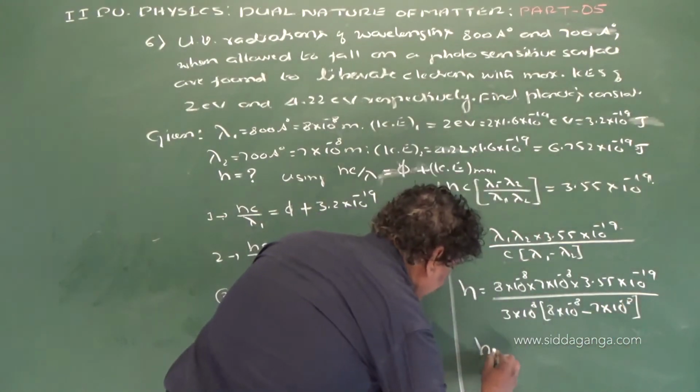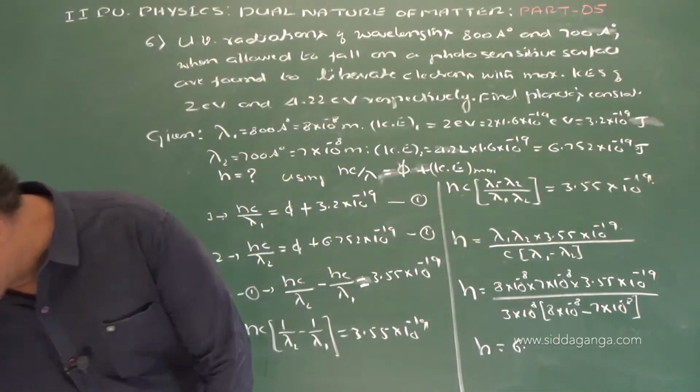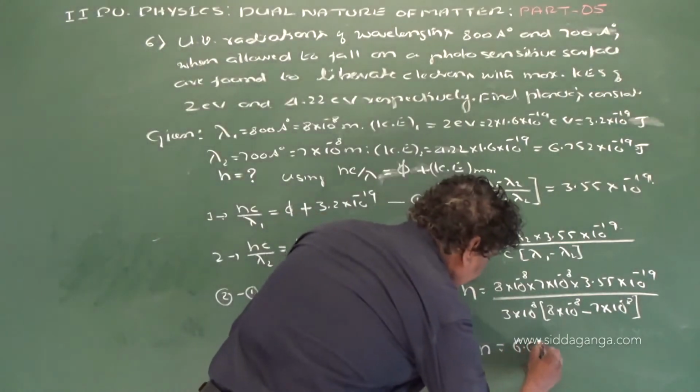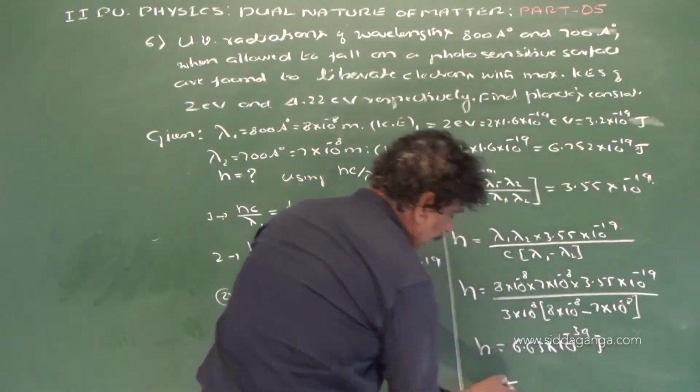You calculate that, h comes out to be 6.63 into 10 power minus 34 joule second.